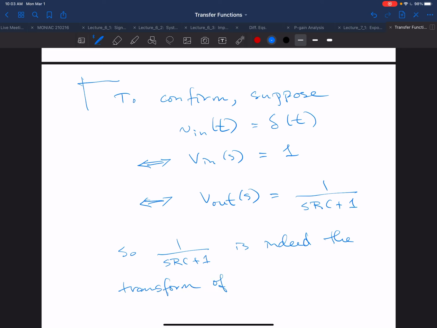If we set the initial conditions to 0 and make the input a unit impulse, we find that the transform of the response is 1 over sRC plus 1. So that's the transfer function.